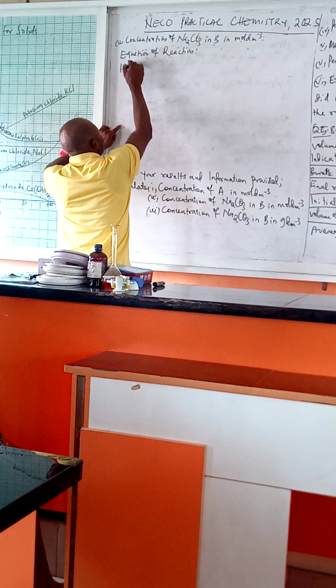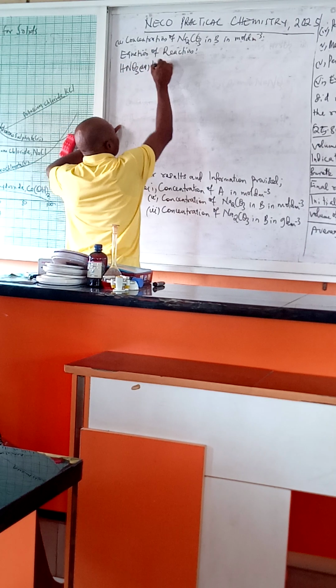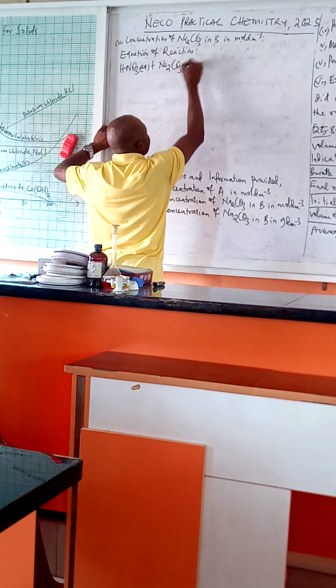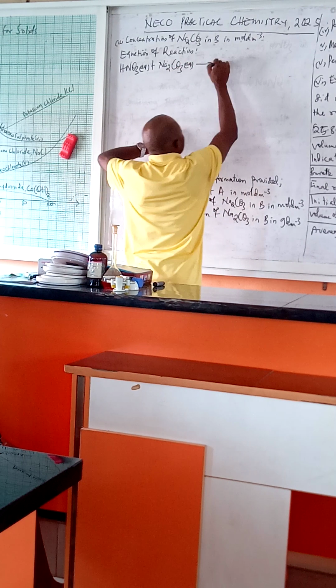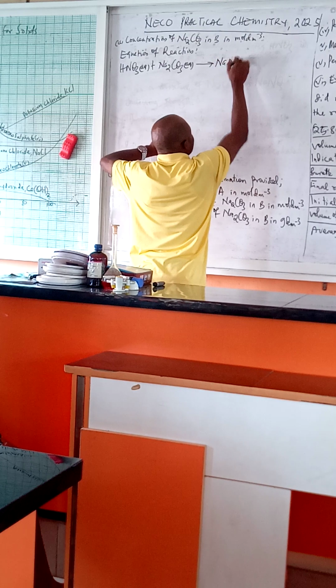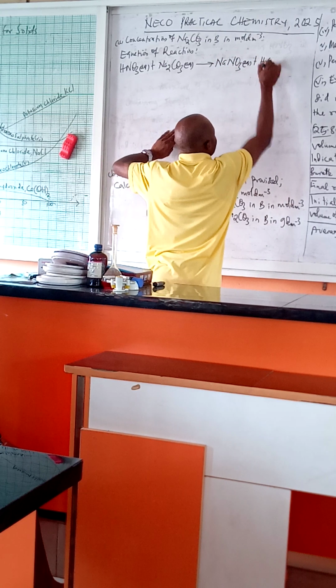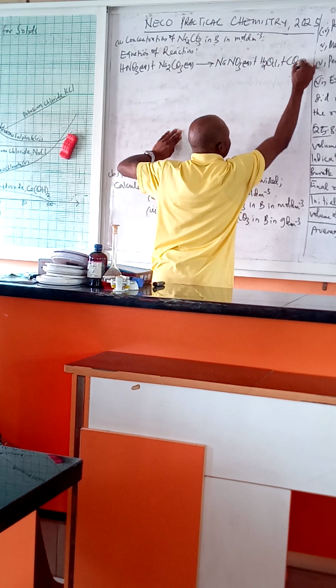The acid given to us is HNO3 in aqueous, plus Na2CO3, the component of the mixture that reacted, and that will give us NaNO3 in aqueous plus water in liquid state, then plus CO2 in gaseous state.